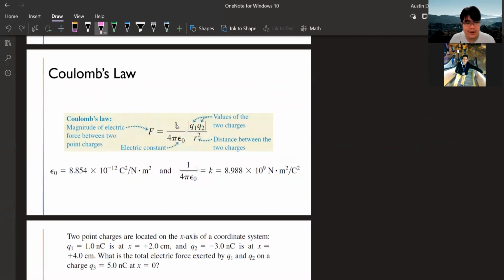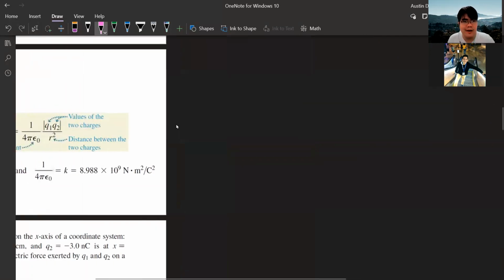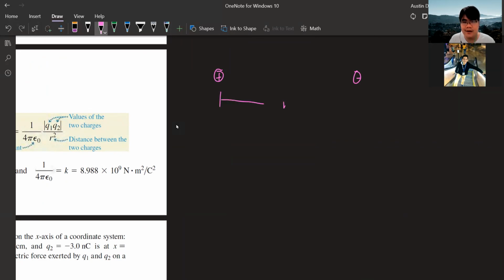So, ito yung force between two charges, Q1 and Q2. Drawing natin kung paano ba yung itsura niya. Kung may positive ka, may negative ka, and they are separated by a distance R.